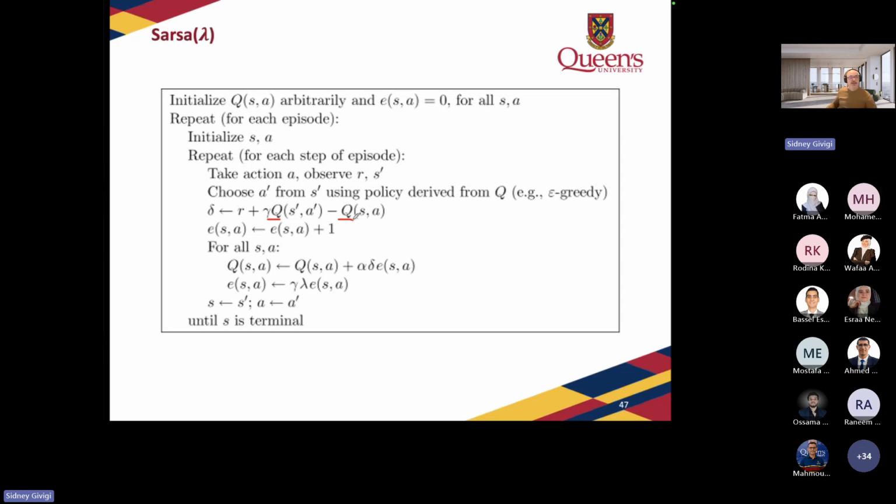Okay, this is going to be our update, so sorry, our eligibility trace that is going to be used for the updates later on. So this is going to multiply by how much we do these updates here.